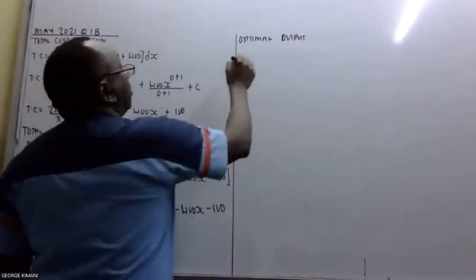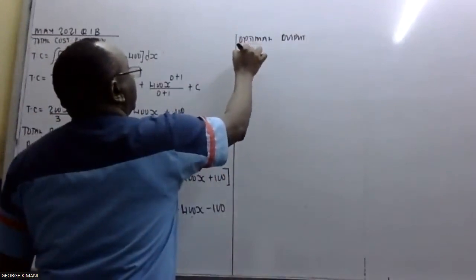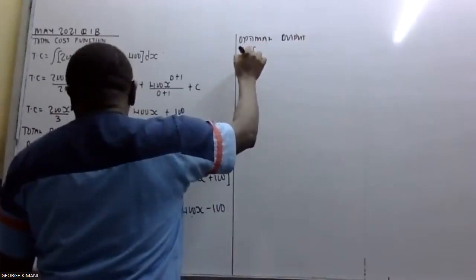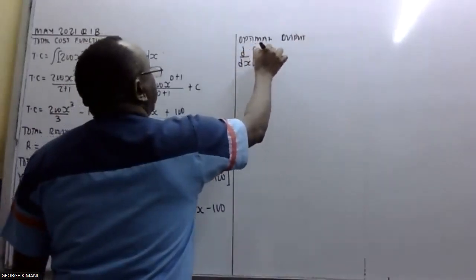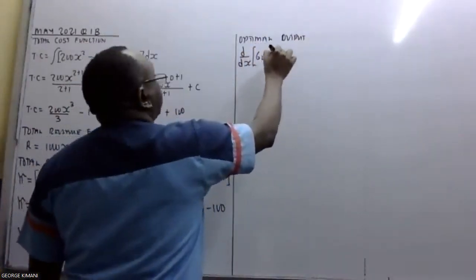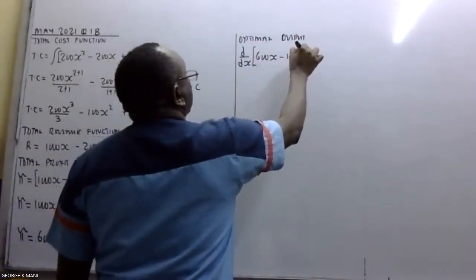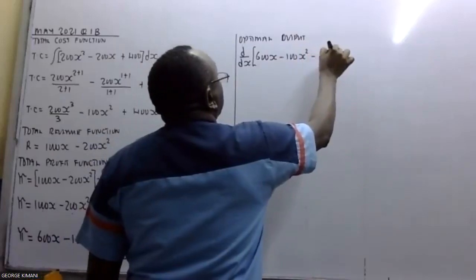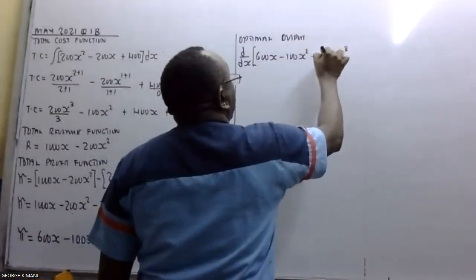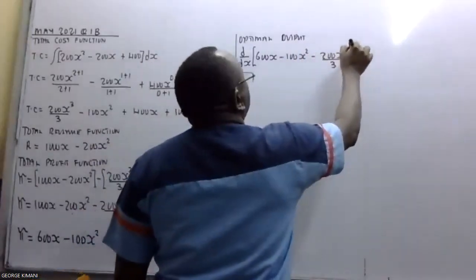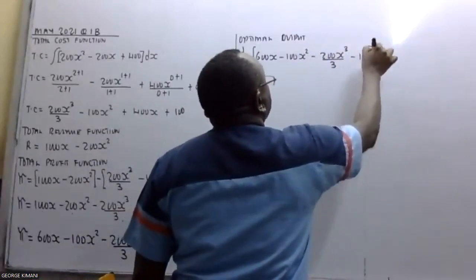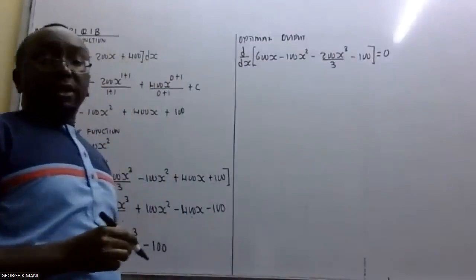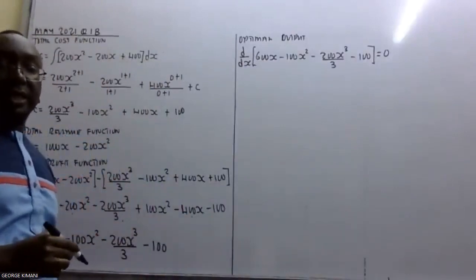Now the optimal output, we will say the differential with respect to x of 600x minus 100x squared minus 200x cubed out of 3 minus 100 will be equal to 0. That is where we shall get optimality.